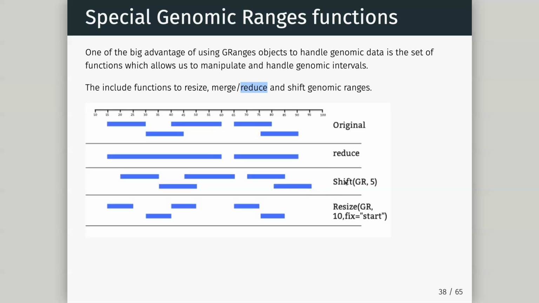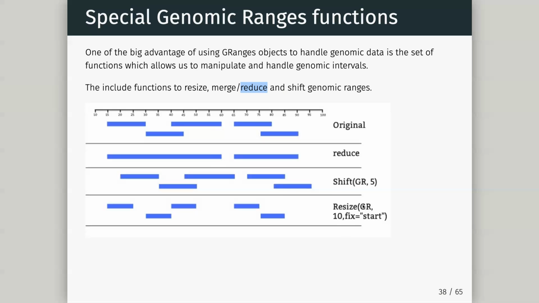Shift is really useful. We can move GRanges back or forward along the genome a certain distance. We might want to shift them to get the promoter region, maybe. That would be upstream from the TSS, shift it 500 base pairs. Or we could do resize, which is also very useful.